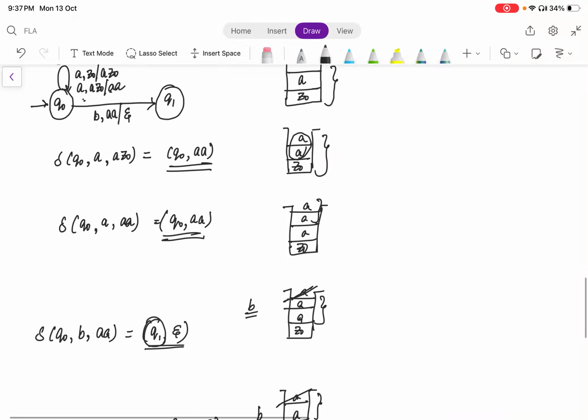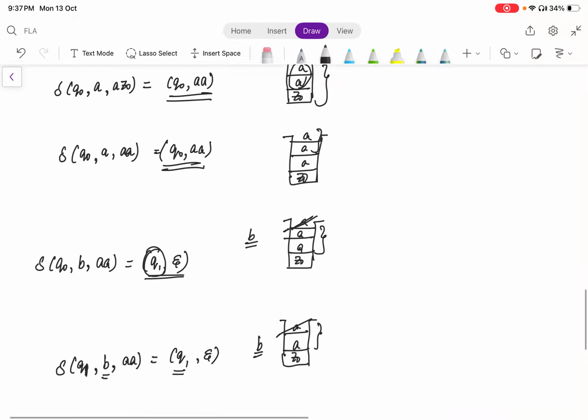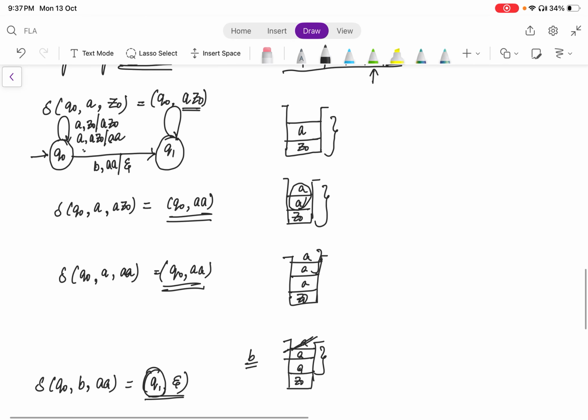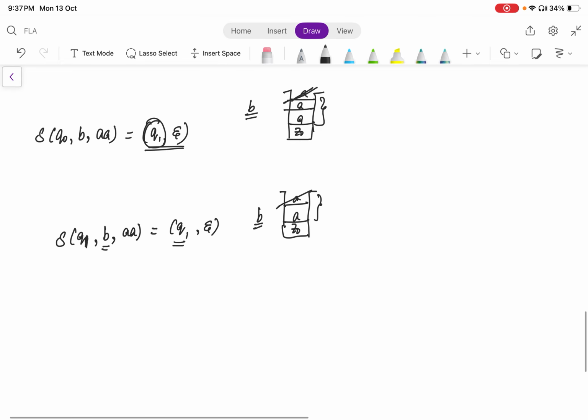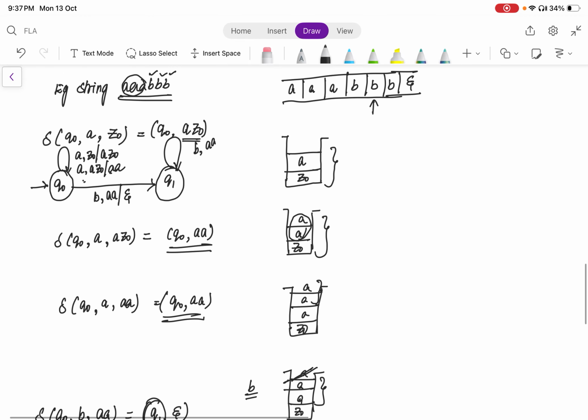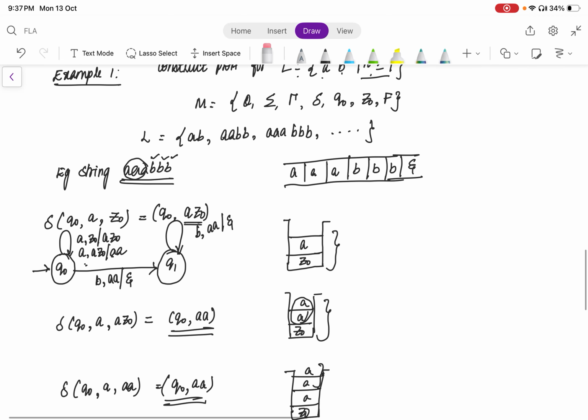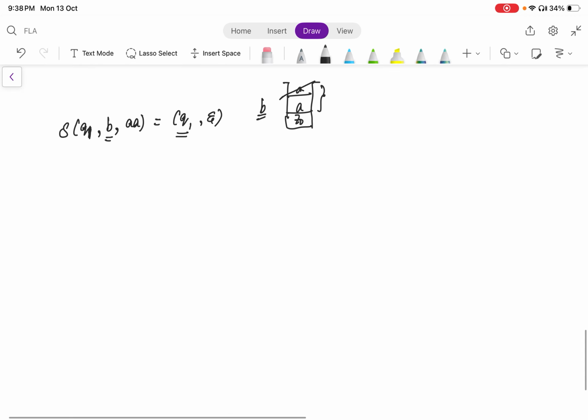After the first pop, it is all self loop. So b is your input, the stack is a a, comma, epsilon. Now your second b is also done. Move on to the third b. The third b pops the third a.